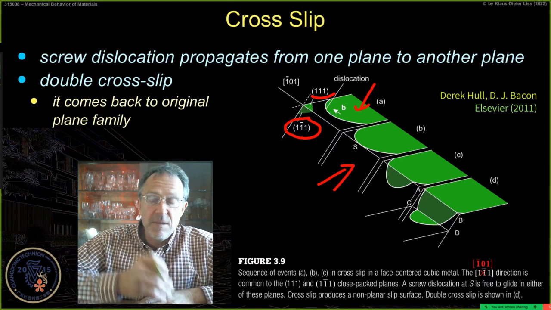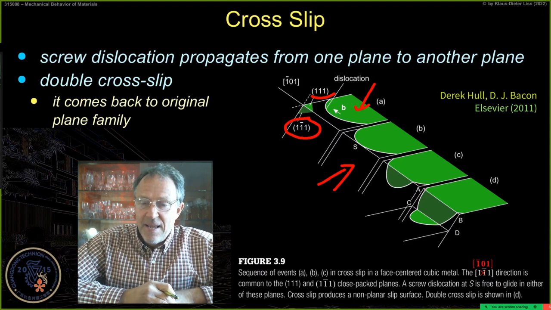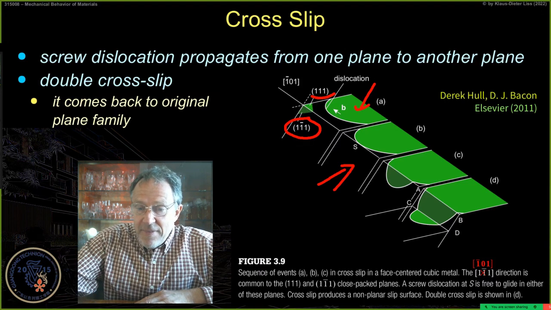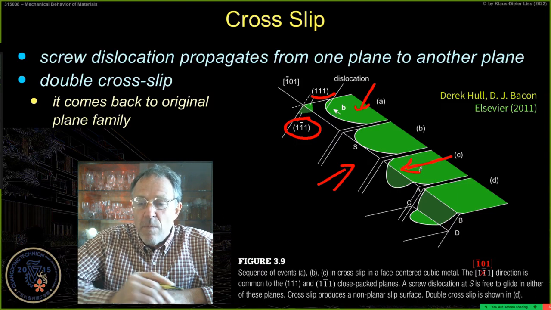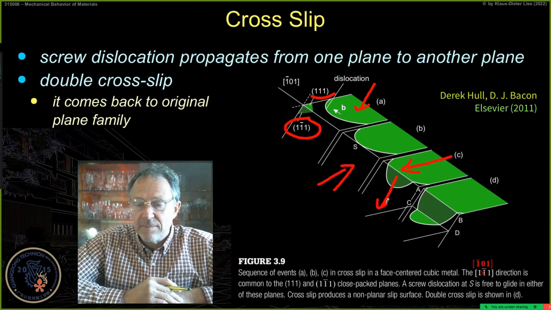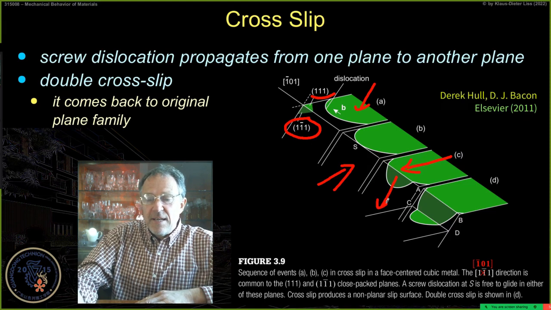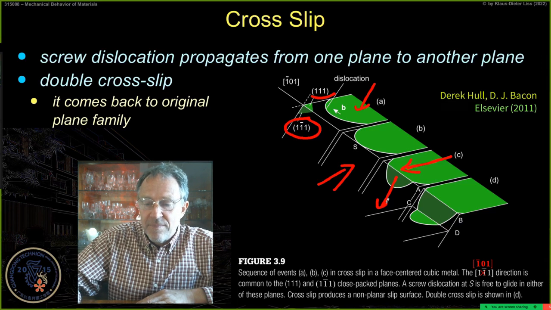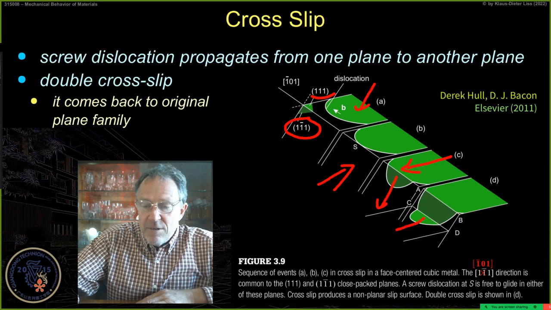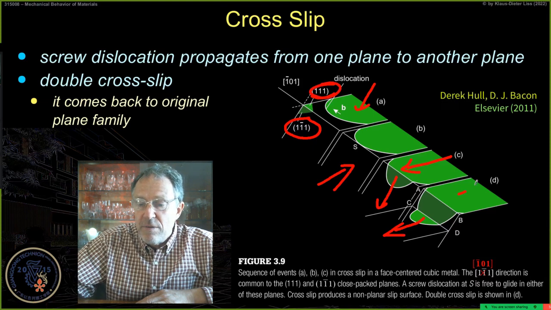This is crystal symmetry. So, as we see here, we are on one 111 plane, moving onto another 111 type plane, and then propagating there. And eventually, this can happen again, going back to another plane, which is of type 111, or which is parallel to the original.